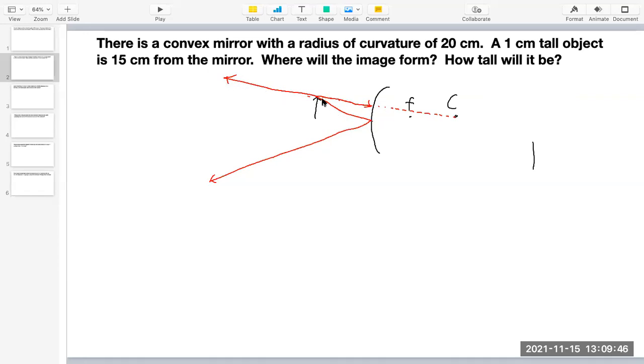And if something is going to be going towards the focus, if something is coming towards our focus, it needs to go out parallel.